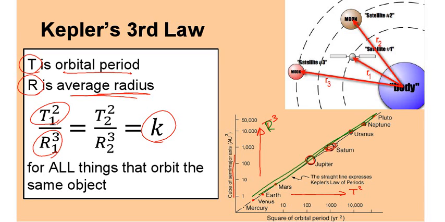The easiest way to do that is in years of time. If I use time in years, and I do the average radius in a unit called AU, which stands for astronomical unit, that's the distance from the Earth to the Sun.